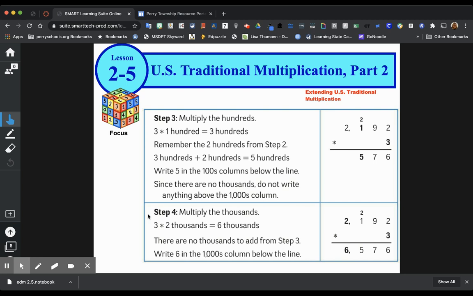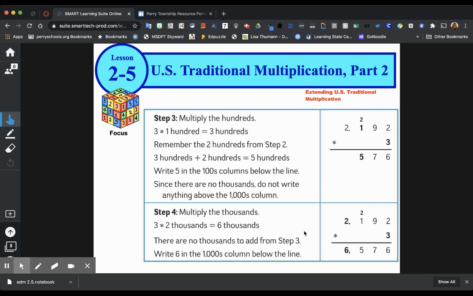Moving over to step 3 and step 4, we are now taking the 3 times the hundreds place, and there's only 100, so it's 3 times 100, but then we have to add those 200s here, which gives us 500s. And there's no thousands, nothing to add over on the top of this column, so we can see we have our 27 here, and then we have the 3 with the 2 equals the 5.